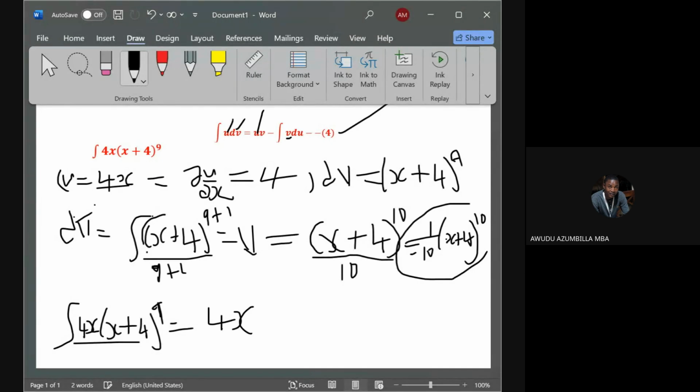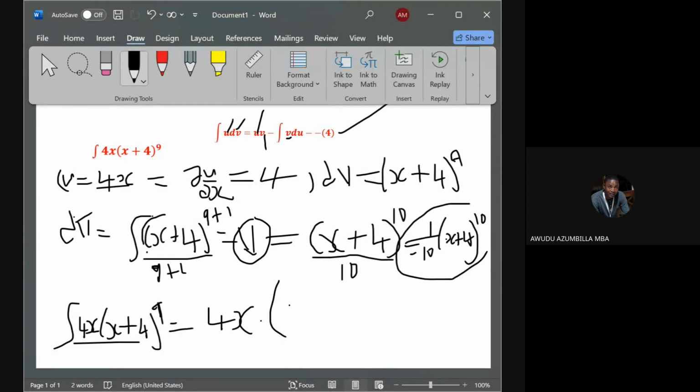And then what is our v? We integrated the v and we had this value. So we are going to multiply this one by our integral of the v, our v here, which is this one.